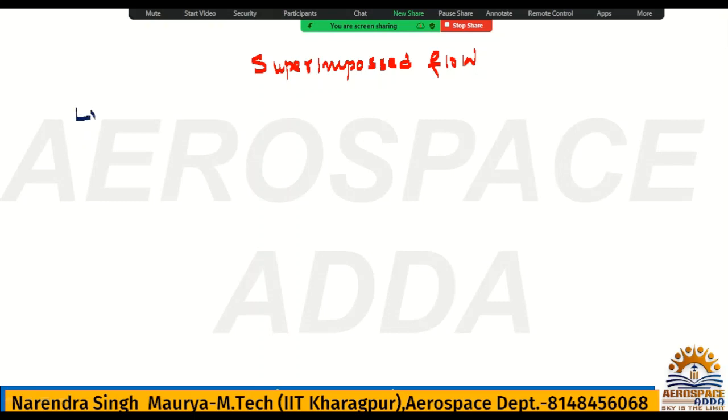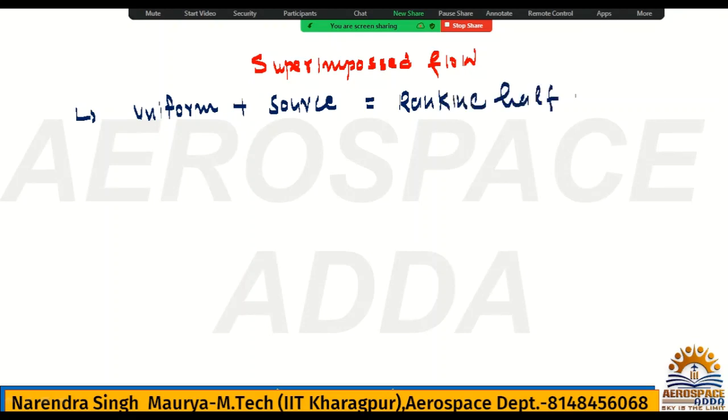One combination is uniform plus source. If you take uniform plus source, this is called Rankine half body flow. A 1 mark question they can ask from the superimposed flow.